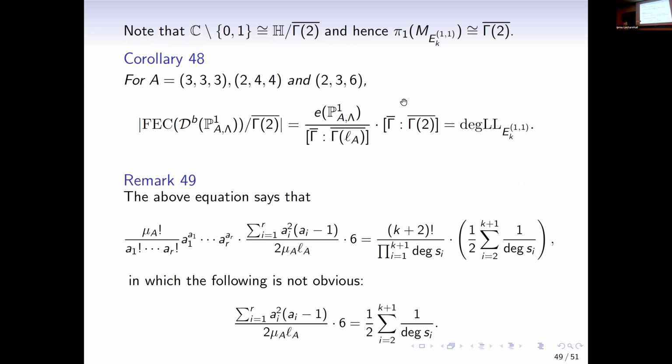And finally, again, in this case, by calculating, we get the coincidence with the degree of the period map and the number of full exceptional collections modulo some principal congruence subgroup. So I'm sorry, I don't know. Thank you very much.